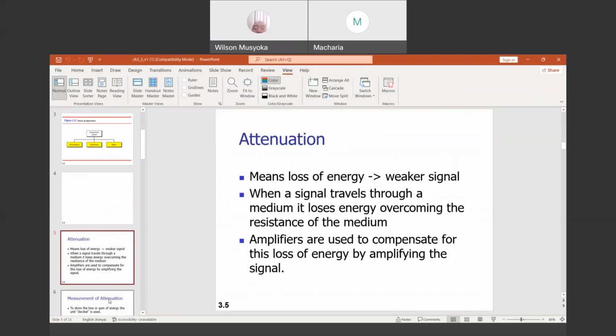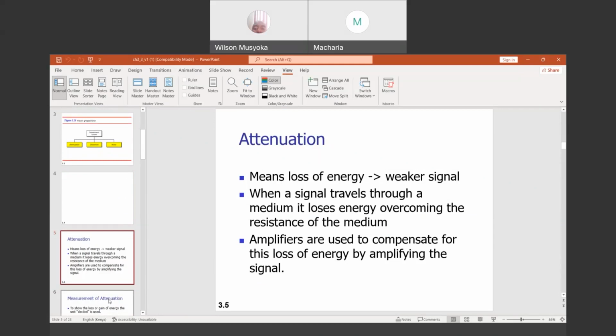So let us look at each one of them. When we are talking about attenuation, it means loss of energy. That is, the signal is going to lose power when it travels through a medium. When it loses that power or energy, it is because it is trying to overcome the resistance in that medium.